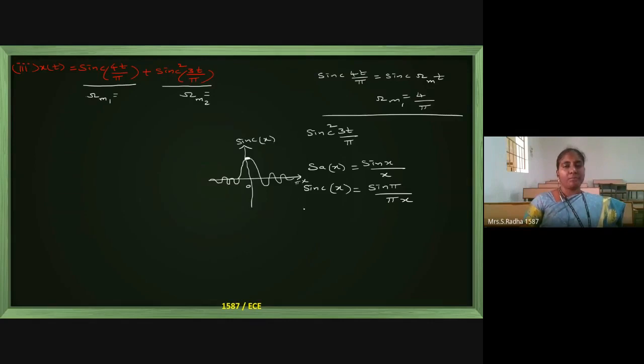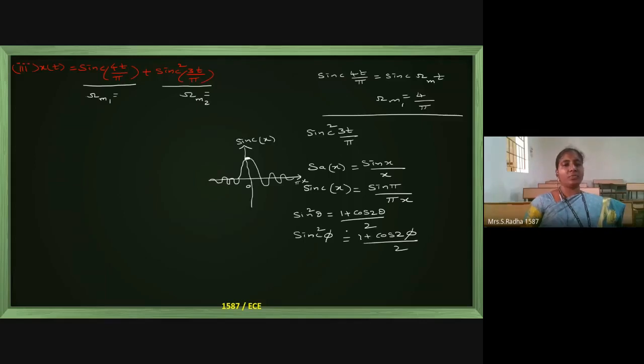And we know that sine square theta is nothing but 1 plus cos 2 theta divided by 2. Similarly, when sinc square comes, it can also be written as 1 plus cos of 2 times that angle, divided by 2.